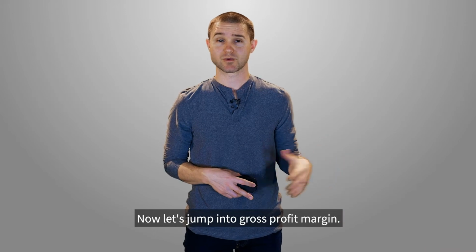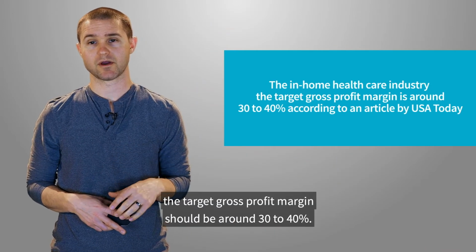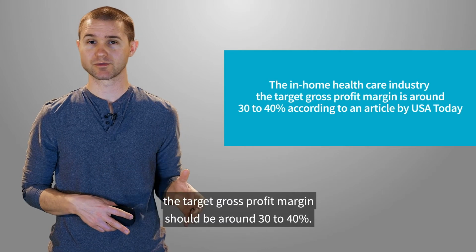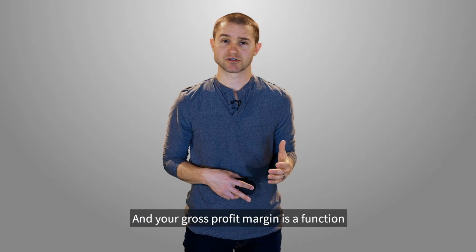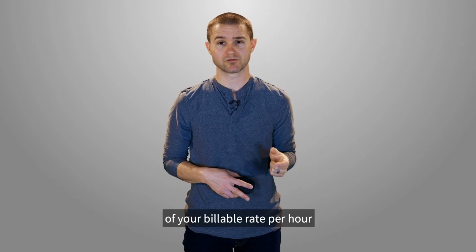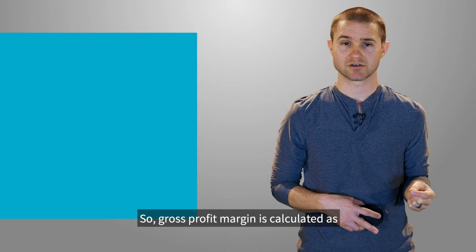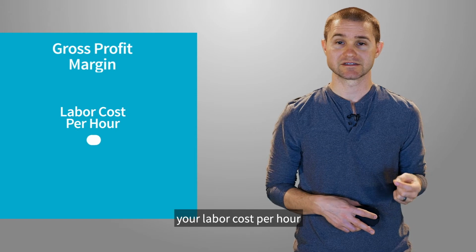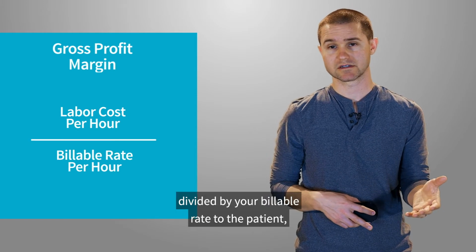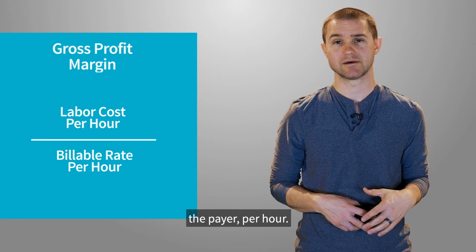Now let's jump into gross profit margin. In the in-home healthcare industry, the target gross profit margin should be around 30 to 40%. That's according to an article from USA Today. And your gross profit margin is a function of your billable rate per hour and your labor cost per hour. So gross profit margin is calculated as your labor cost per hour divided by your billable rate to the patient, or to the insurance company, the payer, per hour.